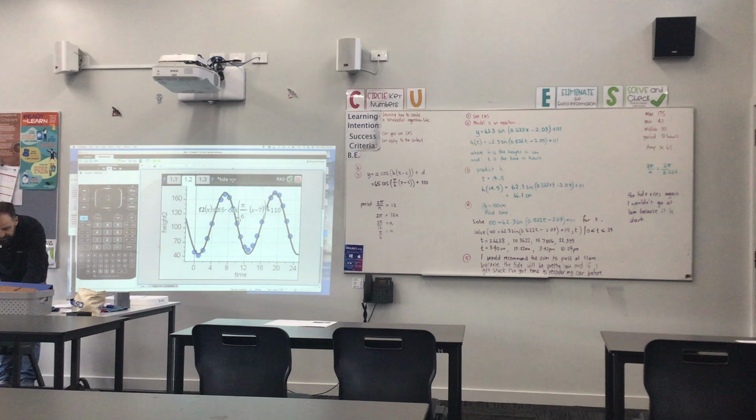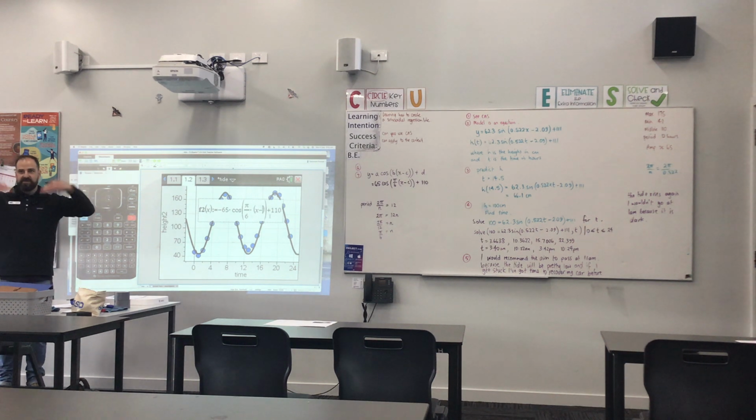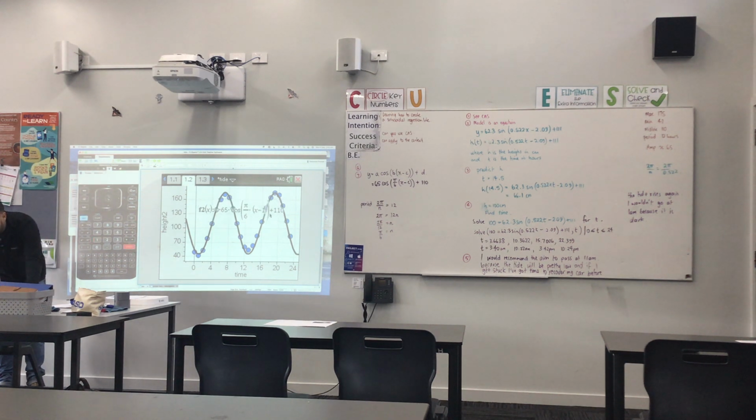I could have gone minus 65, so it's a reflected cos graph, and only moved it across 1. It actually looks exactly the same. That's why it didn't look like it moved. The equation's changed. I don't know if you can see that minus 65 and the minus 1.